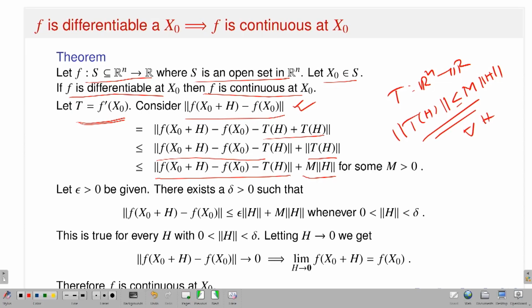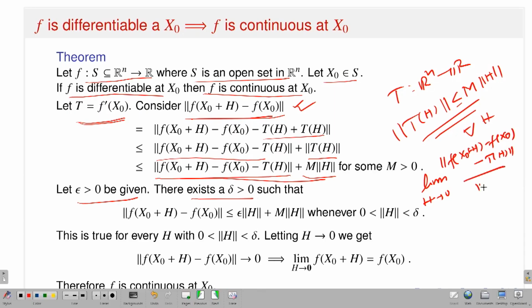So once I have this one dominated by this object, suppose epsilon greater than 0 is given. There exists a delta such that this is true, because in your hypothesis, my function f is differentiable, that means the total derivative exists. That means this is given: the limit as h approaches 0 of the norm of f of x naught plus h minus f of x naught minus T h, divided by the norm of h, is equal to 0.